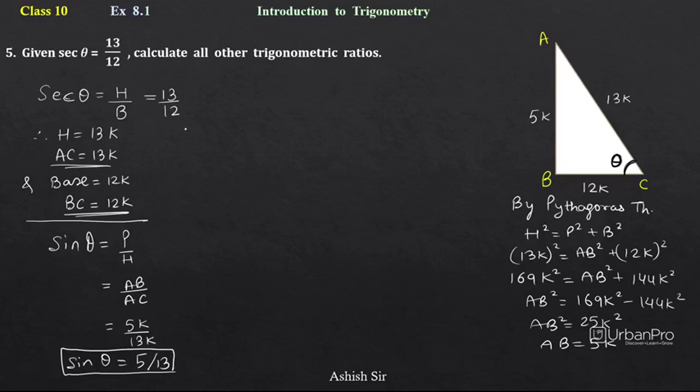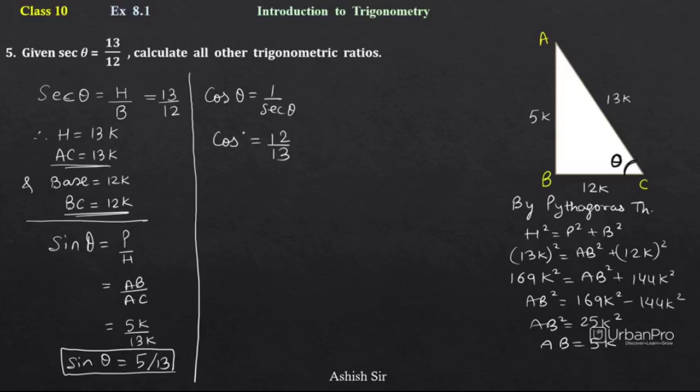Now in a similar way, we can find the other ratios. Cos theta, we know it is the reciprocal of sec theta only. So we can write directly the value of sec theta is 13 by 12. Reciprocal of 13 by 12 will be 12 by 13. So we can find it in a direct way, cos theta, or if we want, from the triangle, we can find it that way also.